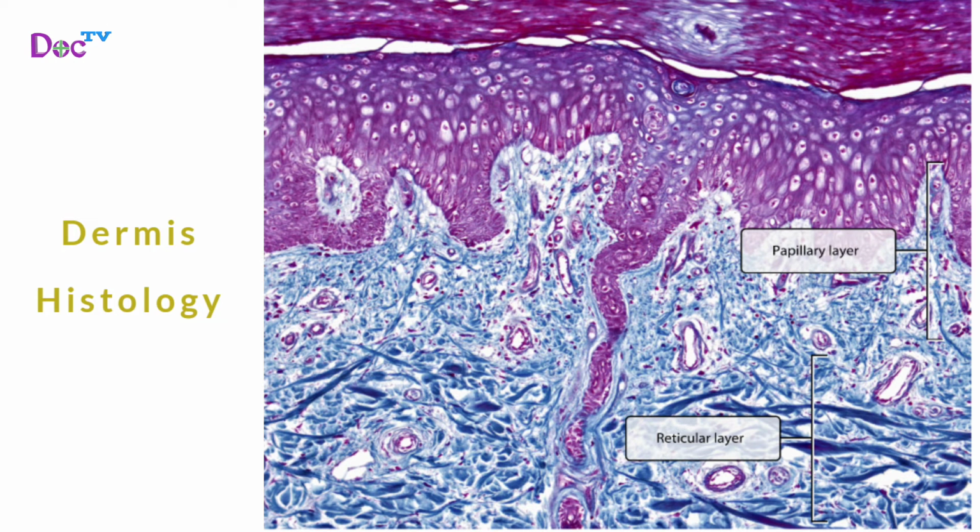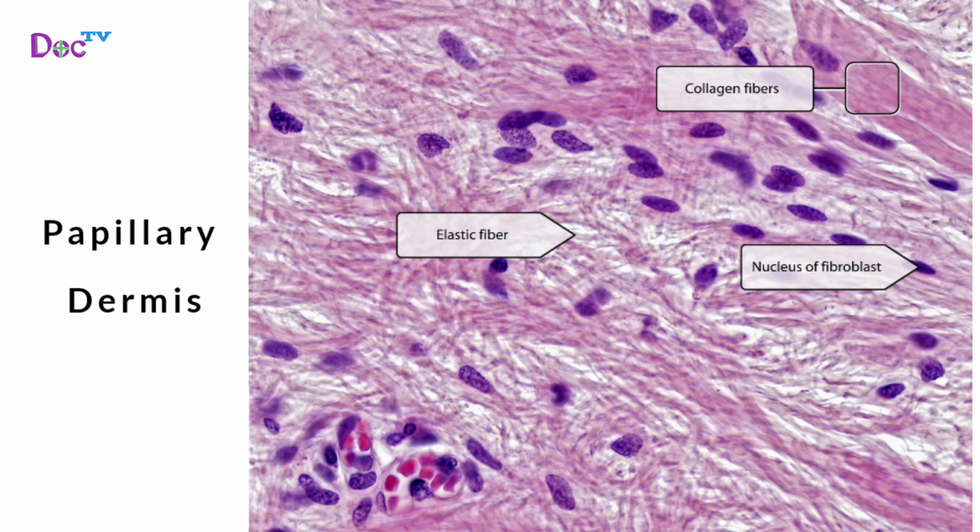Dermis histology. Dermal layers. The dermis is a strong, flexible connective tissue with two distinct layers. Its thin outer papillary layer is composed of areolar tissue, and its thick inner reticular layer is composed of dense irregular connective tissue. In this picture, we see a papillary dermis. The papillary dermis is composed of areolar tissue with loosely arranged collagen and elastic fibers and scattered fibroblasts and phagocytes.